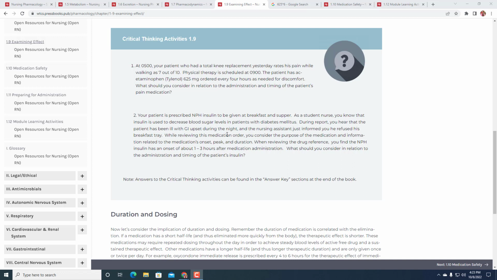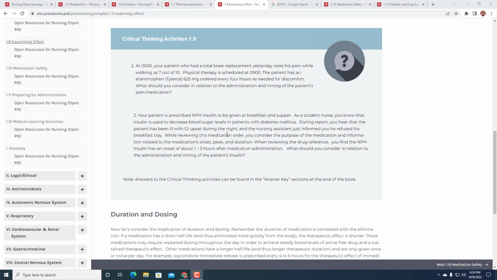If the patient is not eating, then we need to really make sure that we're not going to cause hypoglycemia. Again, hyperglycemia is glucose that is too high in the bloodstream. Hypoglycemia is when it's too low.